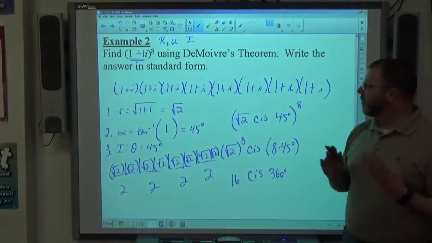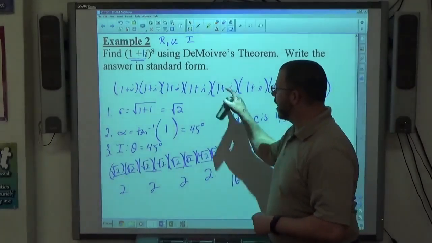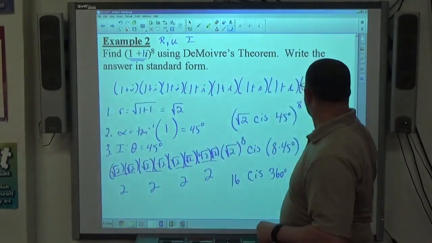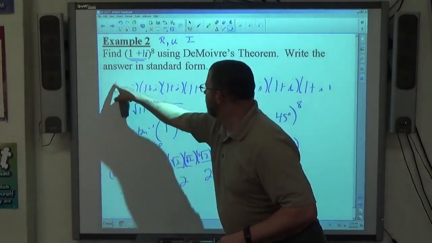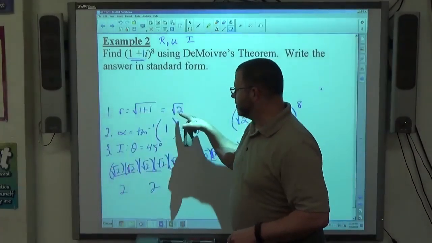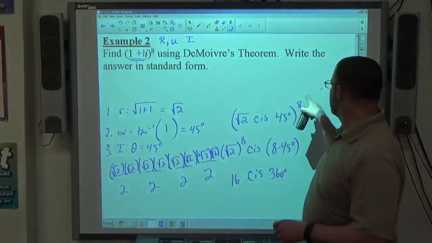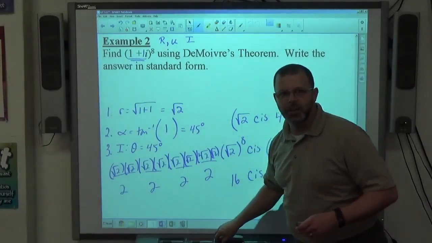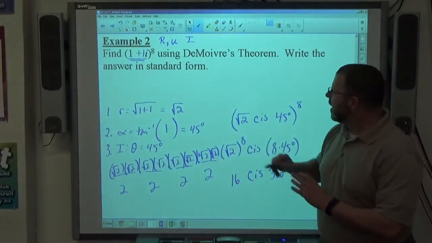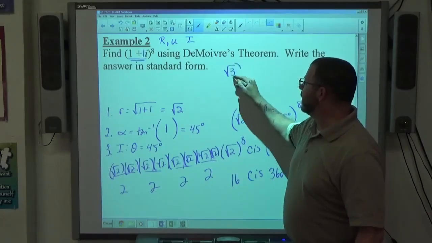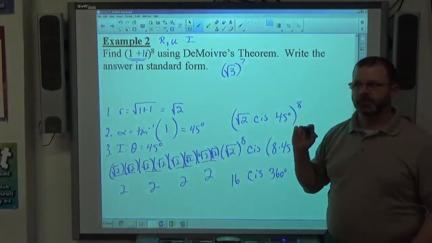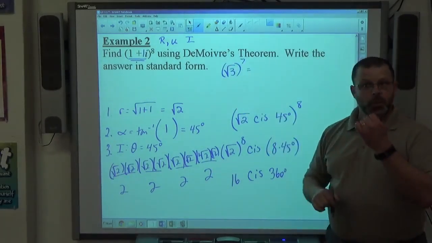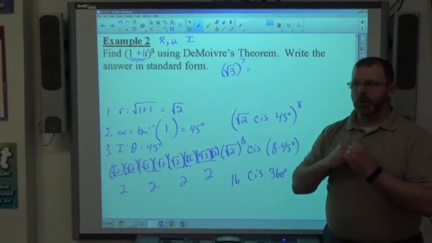If we had an odd power, because again, I told you a lot of times you get a radical on these. I mean, obviously you're going to get a square root here, right? If it's the square root of 4, it equals 2, but the square root of 2, square root of 3, square root of anything else is going to stay a radical. If you have, let's say, square root of 3 to the 7th power. The square root of 3 to the 6th power would be 3 cubed, right?